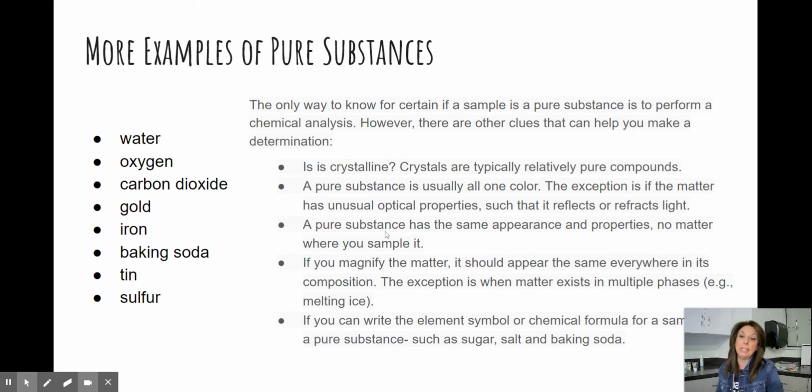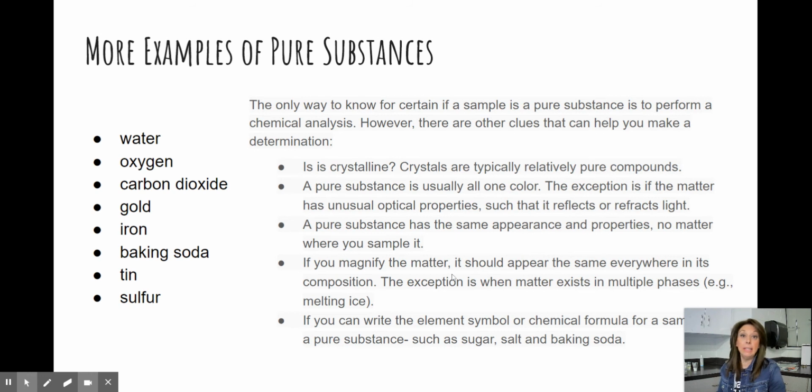A pure substance has the same appearance and properties no matter where you sample it. If you magnify the matter, it should appear the same everywhere in its composition. The exception is when matter might exist in multiple phases, where water might be freezing or melting ice.